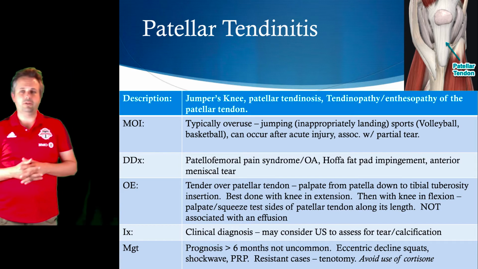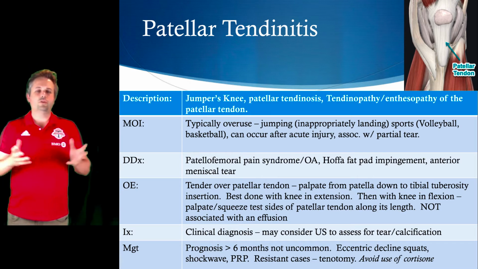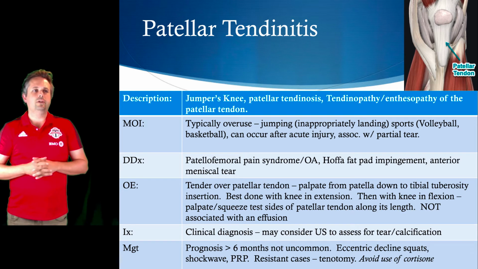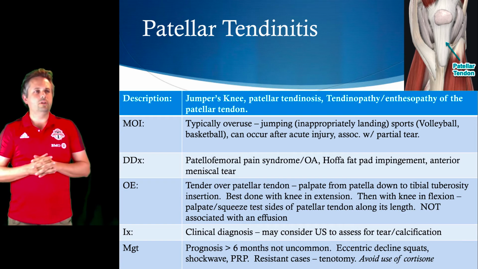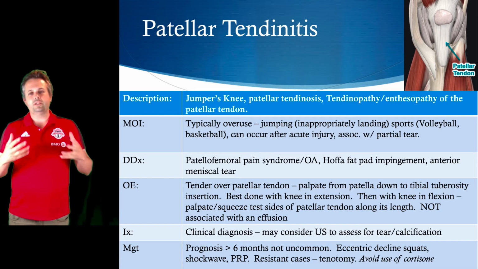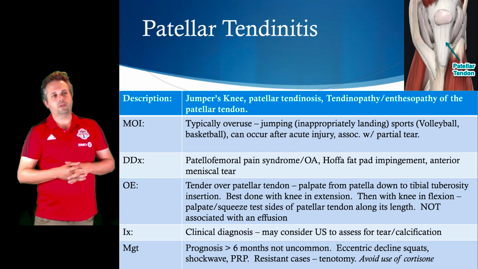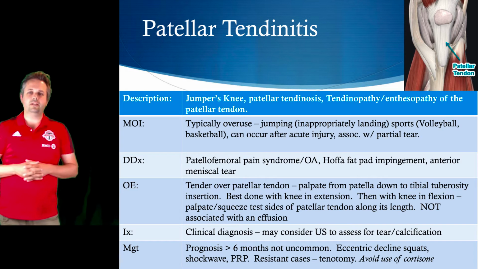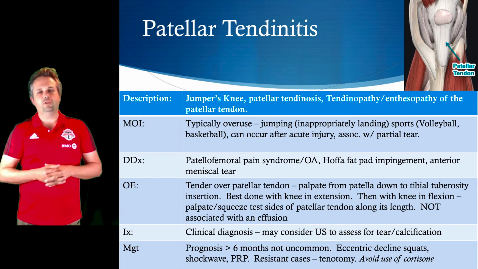We're going to move on now to patellar tendinitis. It's also known as jumper's knee. There is still debate going on about the use of the term tendinitis versus tendinosis. Regardless of which, it is a tendinopathy with increased fluid within the tendon as a result of essentially overuse.